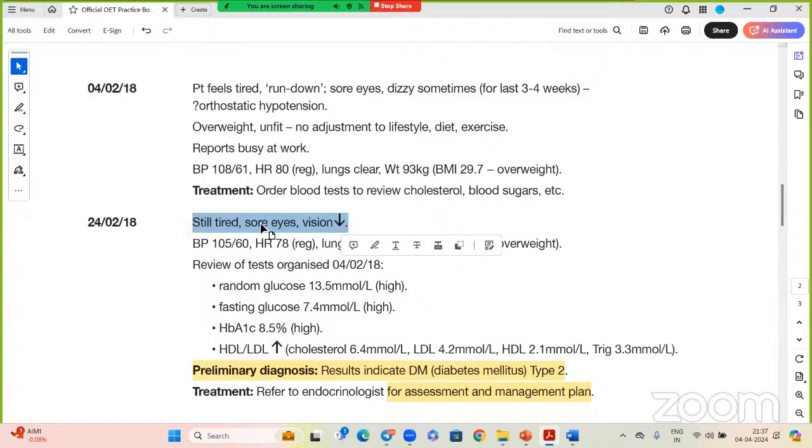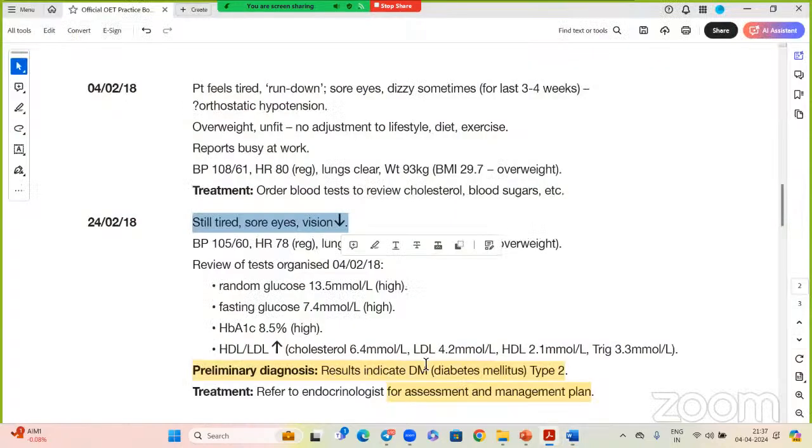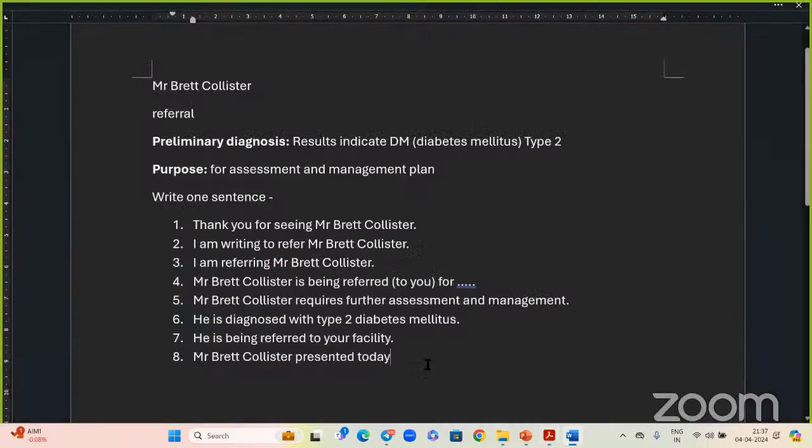Mr. Brett Collister presented today. So what are the other sentences?